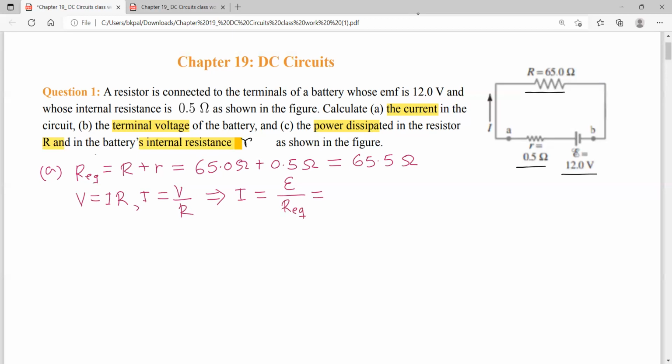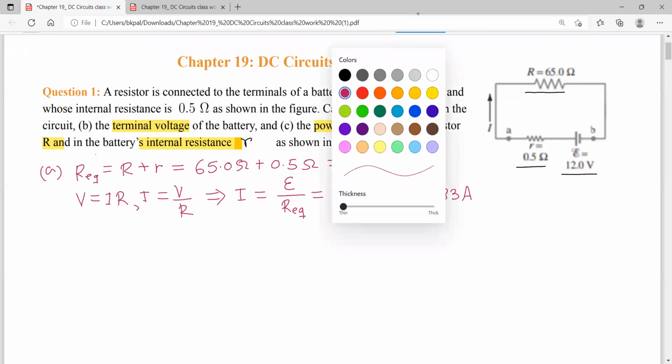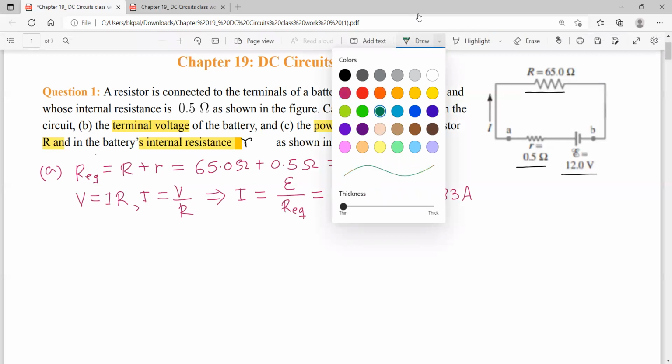So if I plug in the values of the electromotive force and the equivalent resistance, we get the current that is equal to 0.183 amp.